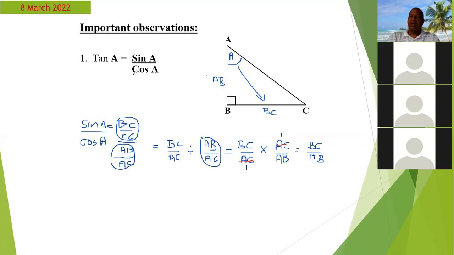So which ratio would be opposite over adjacent? That would turn out to be the tan of angle A. And that's why we say tan of angle A is equal to the sine of angle A over the cos of the angle A. Is that clear to everyone?